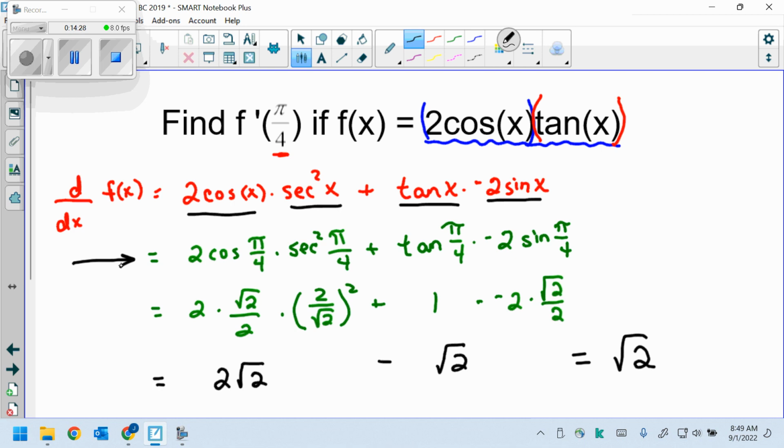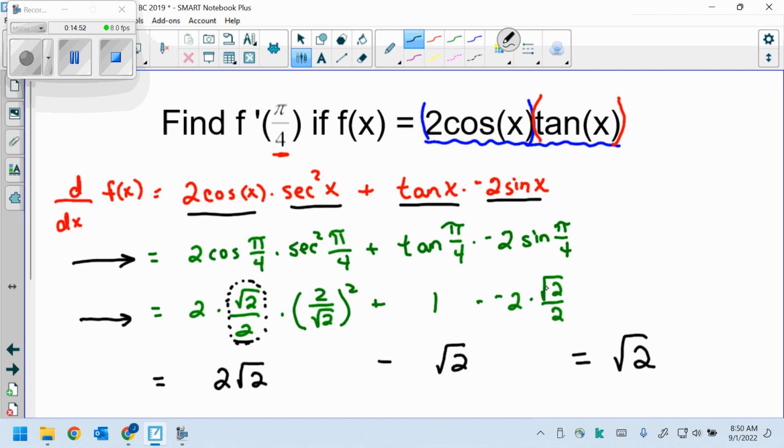So I replace all my x's with pi over 4. And now, knowing my unit circle, hopefully, I put those values. Now, secant is the reciprocal of cosine. So, cosine of pi over 4 is this. So secant is just going to be the reciprocal. 2 over the square root of 2, I got to square that.